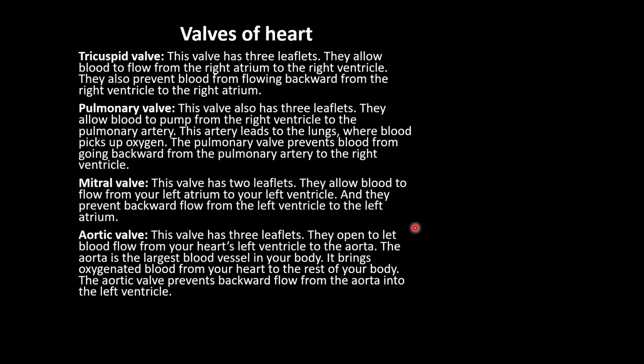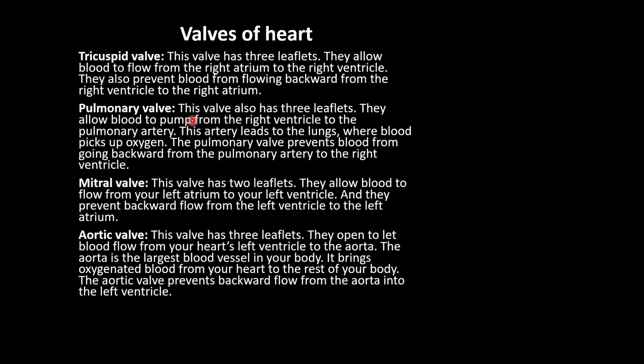Now, see here, the tricuspid valve has 3 leaflets, which allow blood from the right auricle to the right ventricle. They also prevent blood from flowing backward from the right ventricle to the right atrium.